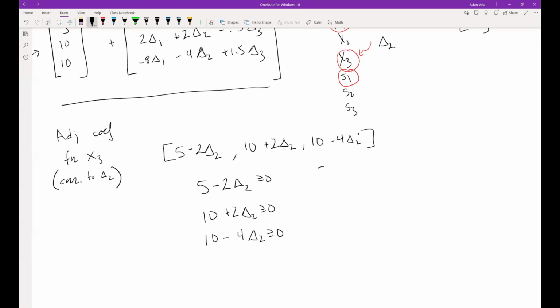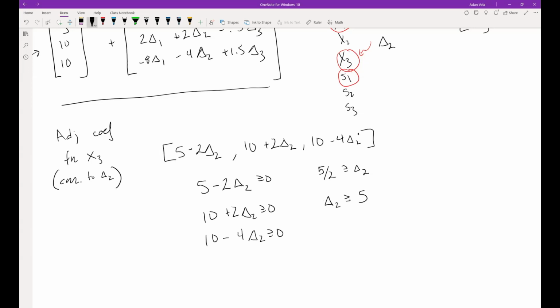So in this first case, we'd end up with delta 2 has to be less than or equal to 5/2. For the next equation, we end up with delta 2 has to be greater than or equal to -5.